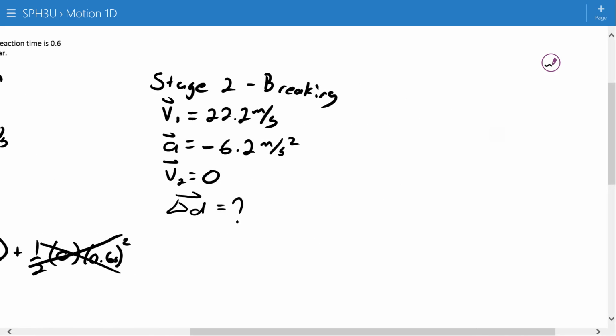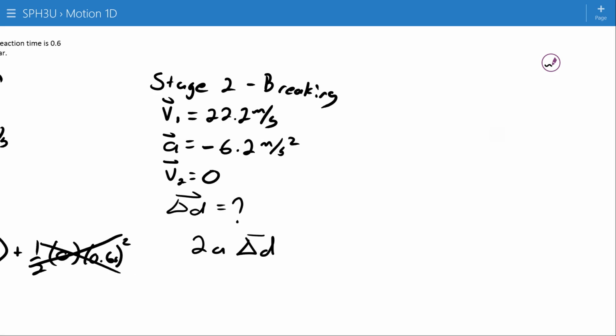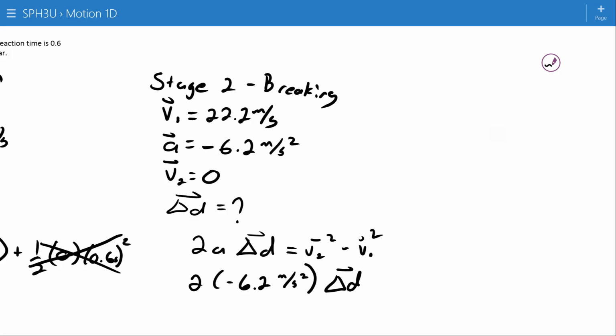So the equation for this one is that 2a displacement is equal to v2 squared minus v1 squared. Substituting the values, putting my little arrows in everywhere.